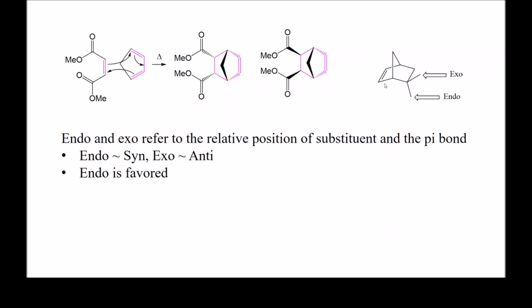They are endo because they're on the same side. If the substituent is up and the pi bond is down, then they are exo. For reasons we're not going to talk about, endo happens to be the preferred orientation when you run a Diels-Alder reaction where there are substituents coming off of your dienophile.